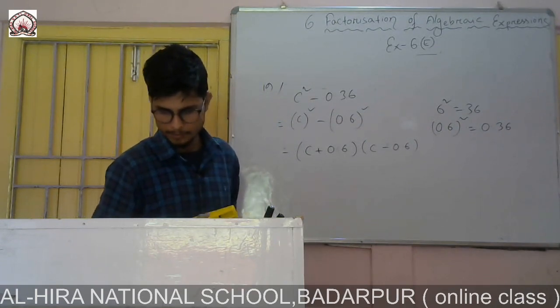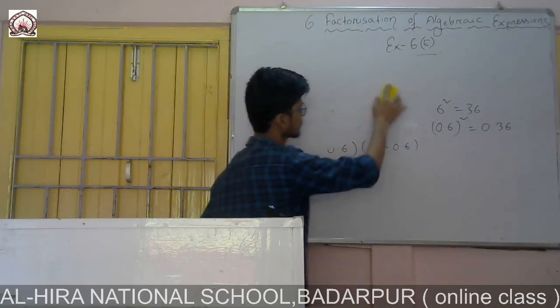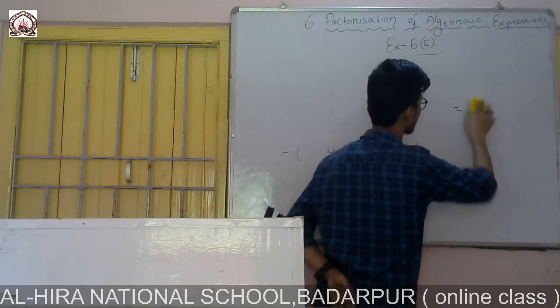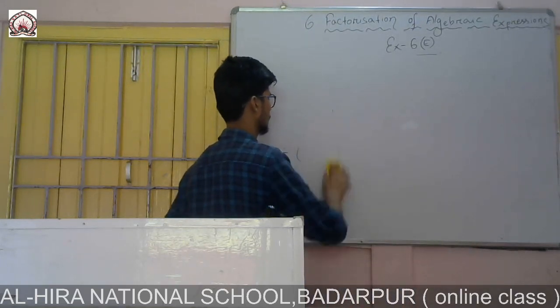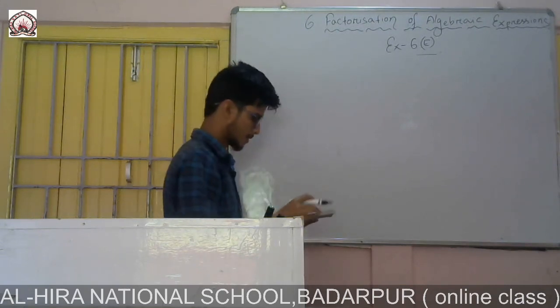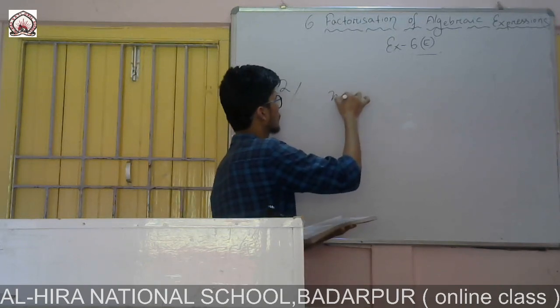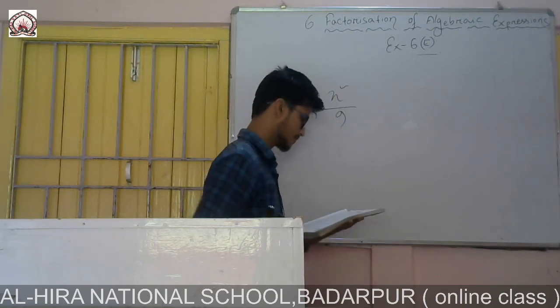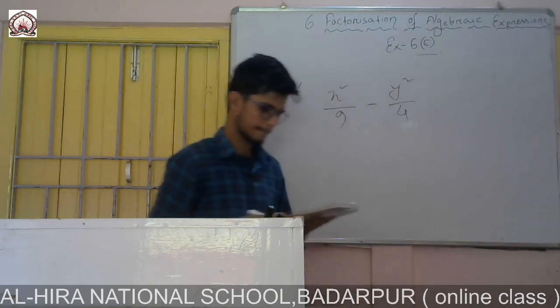Now question number 22. Given x square by 9 minus y square by 4.